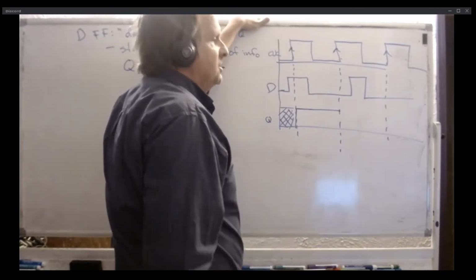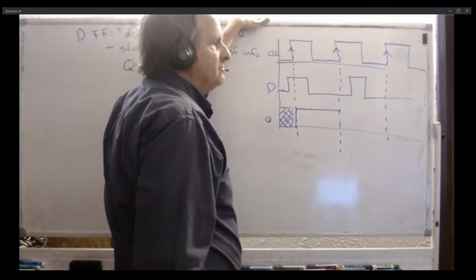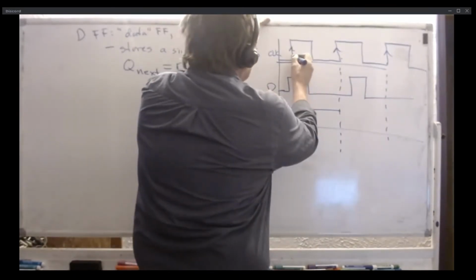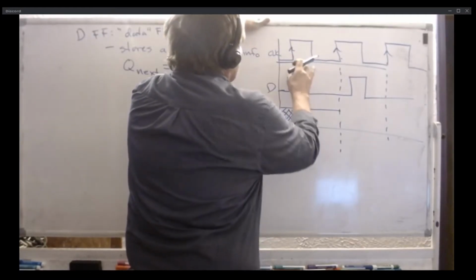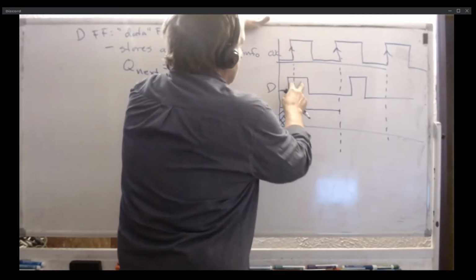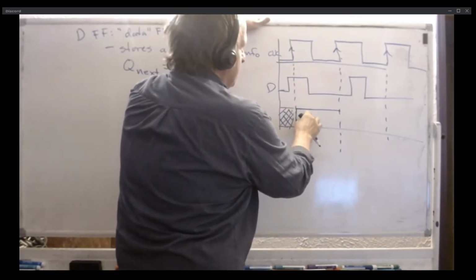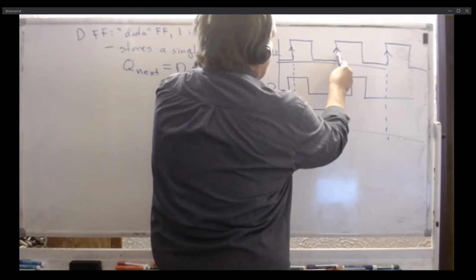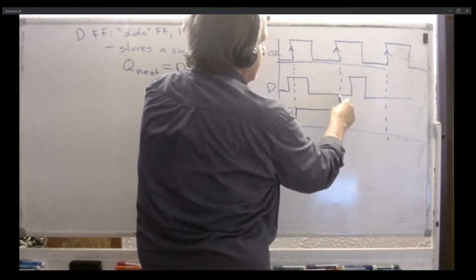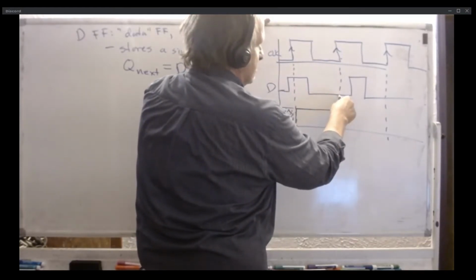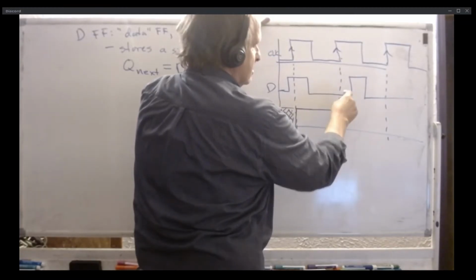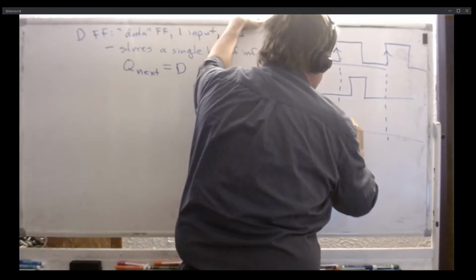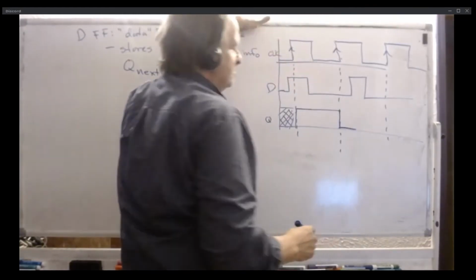So when this clock edge occurred, D was high. That's why Q goes high. What about when this clock edge occurs? What's the value of D? It's low. So what does Q do? It goes low. Very good. Good job.